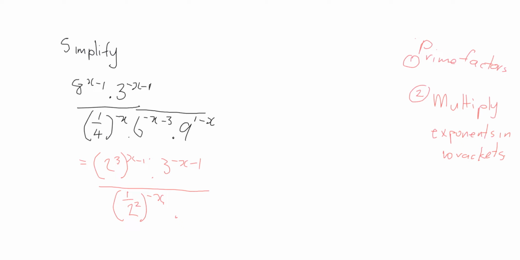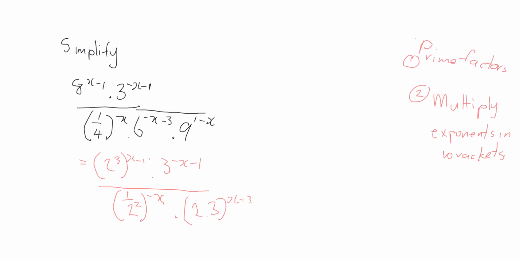We know that 6 is the same as 2 multiplied by 3, to the power of x subtract 3. You might remember from some of the rules that we did earlier that this x subtract 3 is going to be applicable to this 2, and this x subtract 3 is also going to be applicable to this one, right?